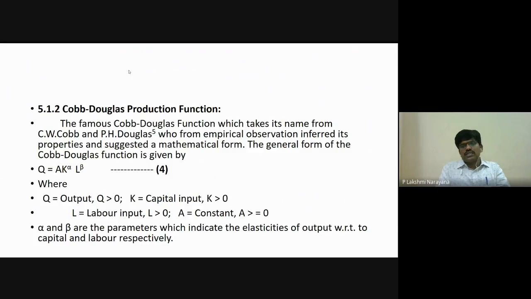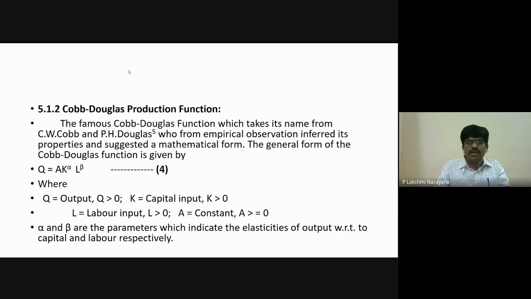So what is Cobb-Douglas production function? The famous Cobb-Douglas function takes its name from C.W. Cobb and P.H. Douglas, who from empirical observation inferred its properties and suggested a mathematical form.